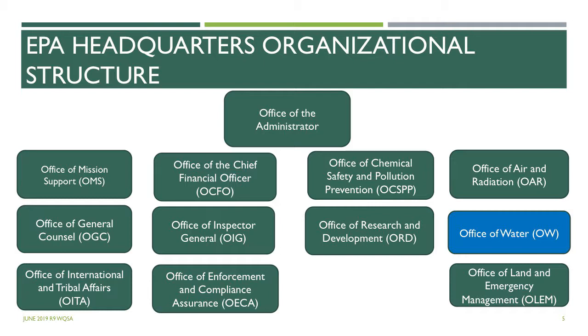So the EPA head office is the Office of the Administrator, and then there are some sub-offices, of which we are in the Office of Water, and each of these sub-offices has an assistant administrator that works under the administrator.